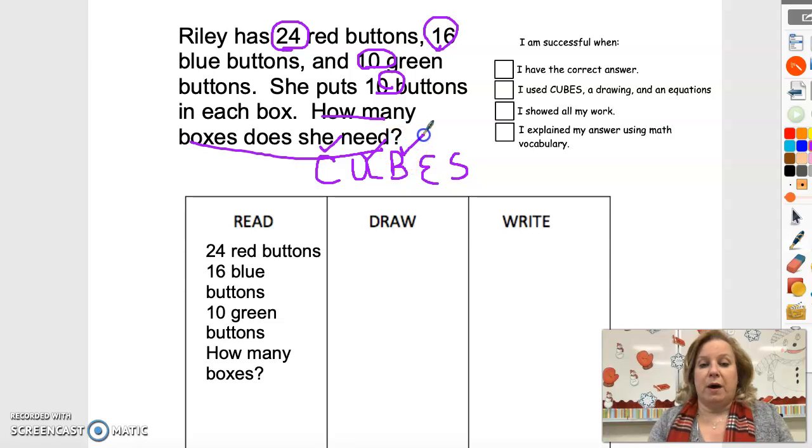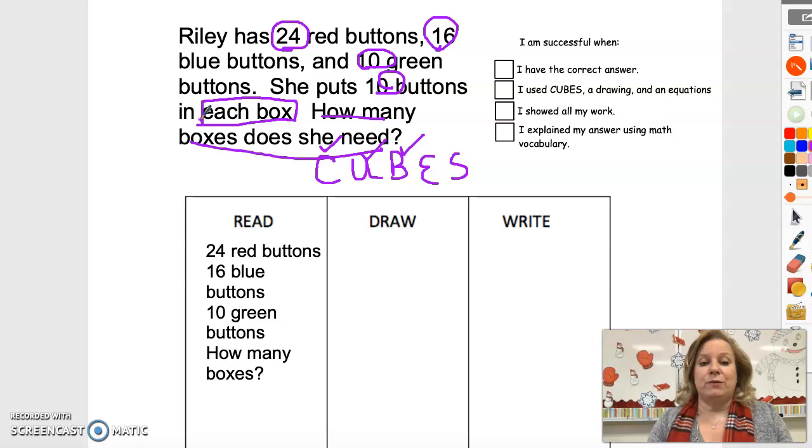Okay, so now we need to box our words. So when we think about each box, I'm thinking multiplication or division because each tells me to multiply or divide. So I think, do I have a total or do I need a total? And I need to get to a total because I have 24 red buttons, 16 blue, and 10 green.